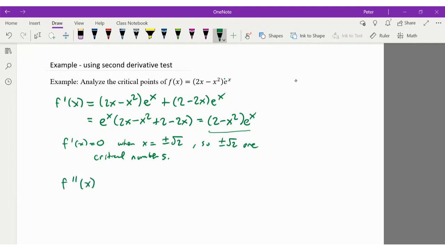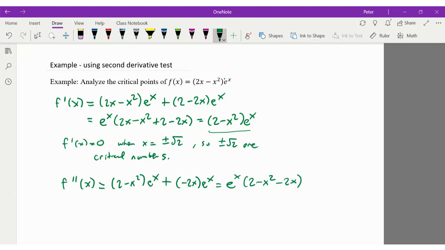f double prime of x. Again, using the product rule on the first derivative, that gives us 2 minus x squared e to the x, and then plus negative 2x e to the x. So that equals e to the x times 2 minus x squared minus 2x.